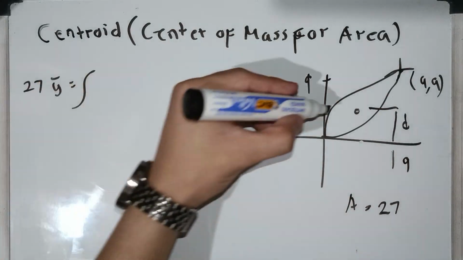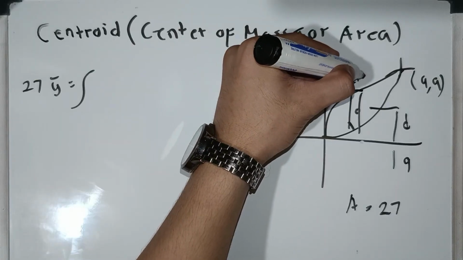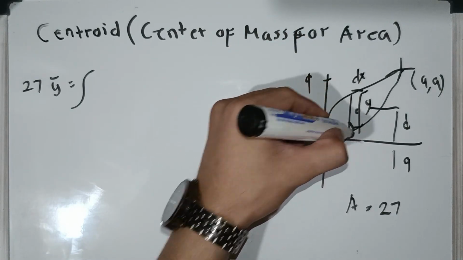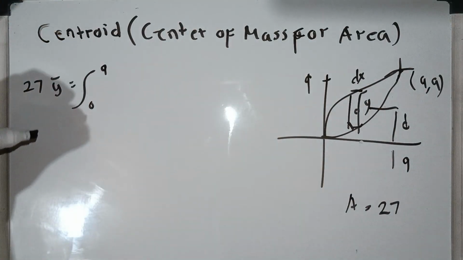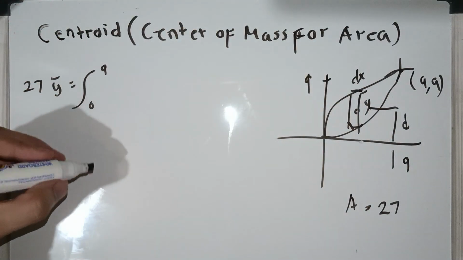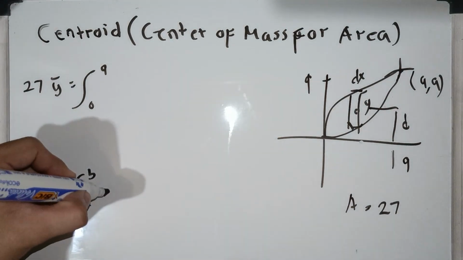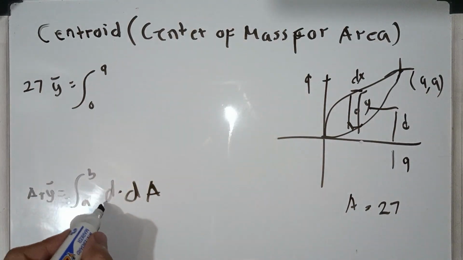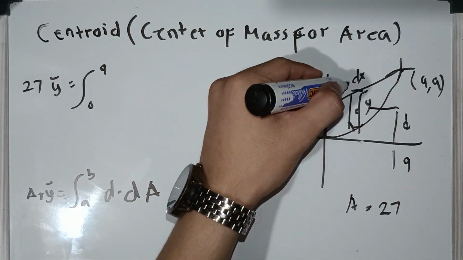We have the limit, so let's get the strip here. This is dx and this is y. So from 0 to 9, and we have the y, or the distance, and let's put here the formula. So the d here, which is located here, can be solved using this one.